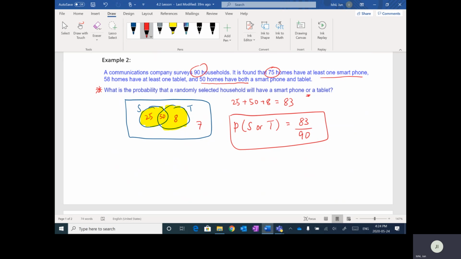As a bonus, let's say I wanted to find the probability of only having a tablet. In this Venn diagram, you can see that 8 represents the total number of households with only a tablet. So the probability would be 8 out of 90. Once you get this Venn diagram set up, we can answer a whole bunch of these different questions.